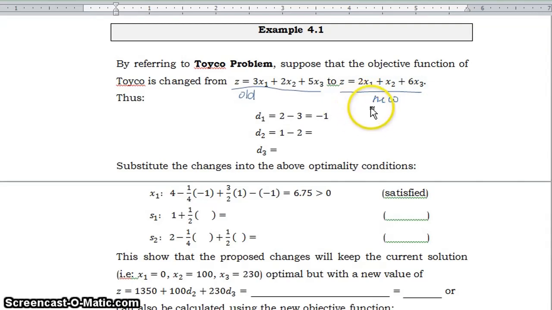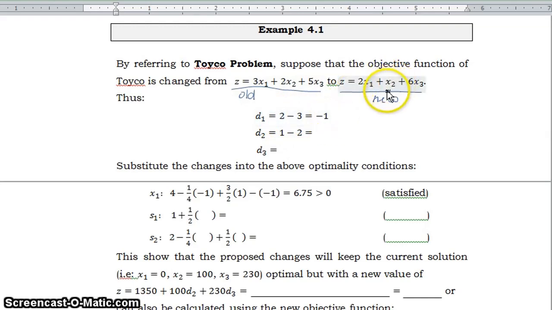Let's calculate the values of D1, D2 and D3. D1 is the change in the revenue for the toy train. The given revenue of this variable is 3, and now TOYCO wants to change it to 2 ringgit. Therefore, D1 is 2 minus 3, we get negative 1.